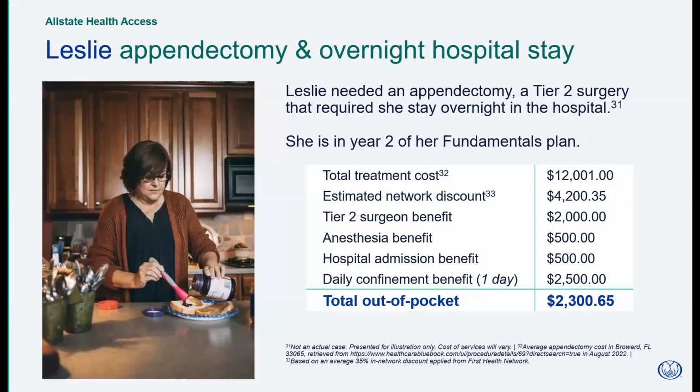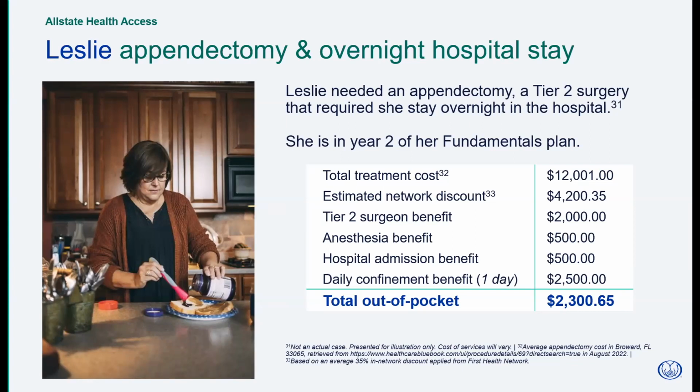And looking at somebody with an appendectomy, we have Leslie here. She had an appendectomy, and this is considered a tier 2 surgery, not a tier 1. It's not on that list.